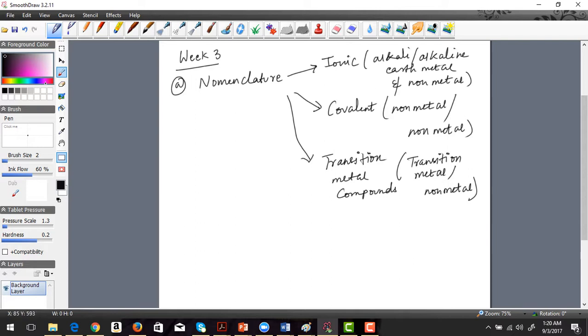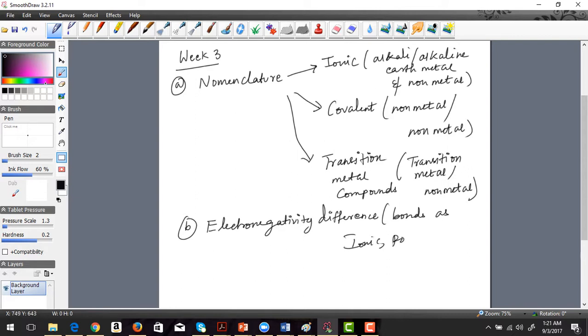Second, we learned about the electronegativity difference, based on the Linus Pauling electronegativity table, to classify the bonds as ionic, polar covalent, and non-polar covalent, aka covalent.